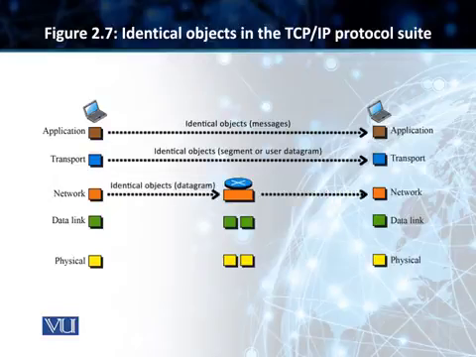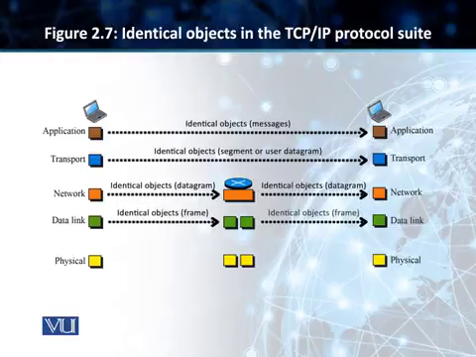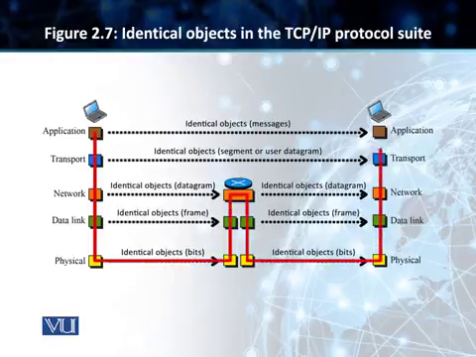Students, in the network layer, we are going to have similar objects once again, and they are going to be datagrams. Then we'll have similar objects at the data link layer, and we call them a frame. And students, at the physical level, at the hardware level, the objects that we use, which are identical on both sides, are called bits. Important concept.